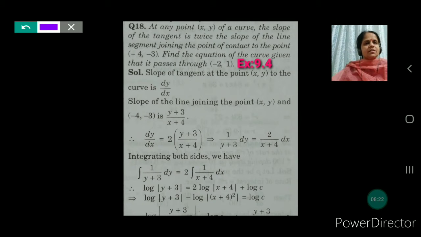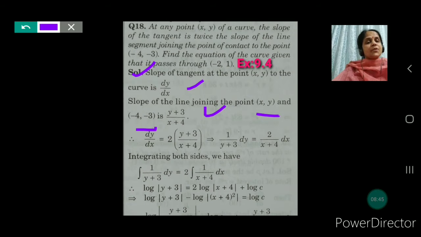So here the given condition is: the slope of the tangent at point (x, y) to the curve is dy upon dx. But here the slope of the line joining the point (x, y) and (-4, -3) is (y plus 3) upon (x plus 4). Okay.